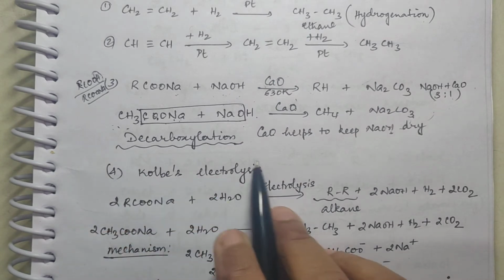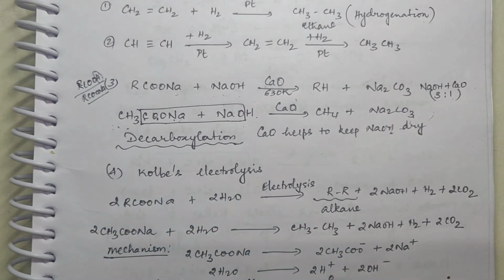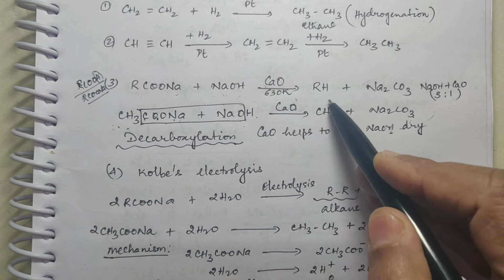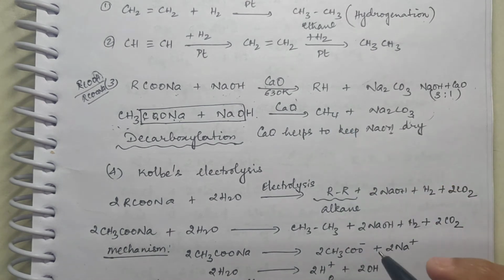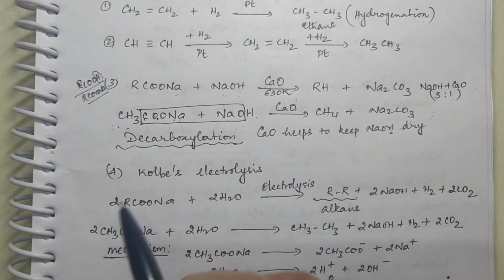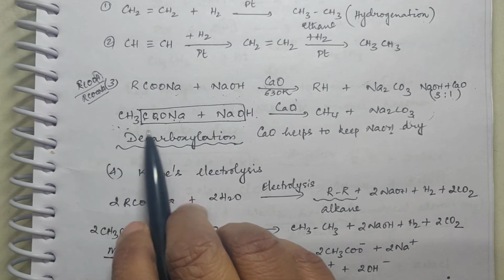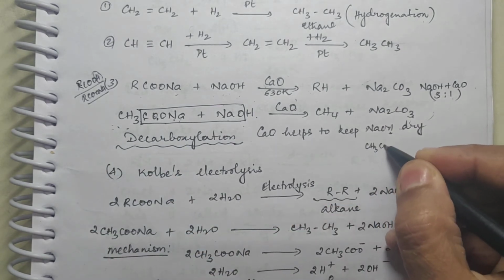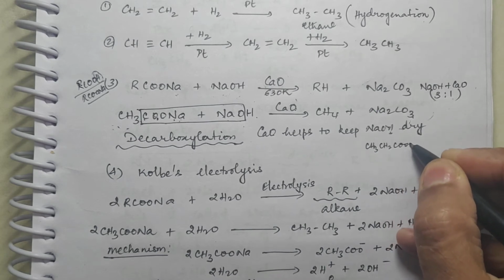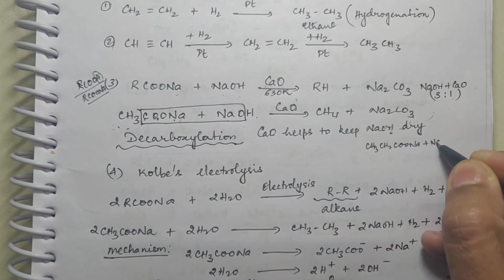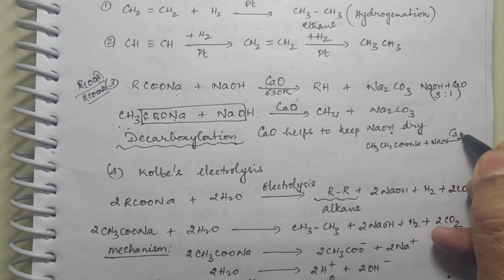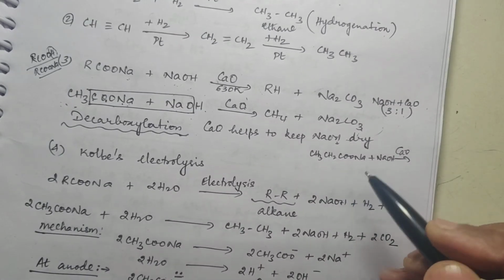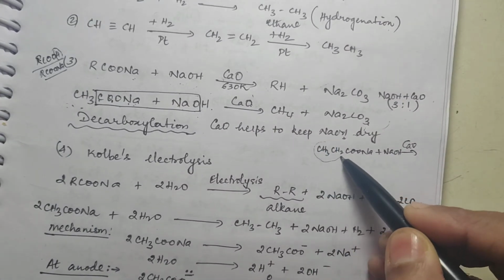So that is decarboxylation. Now here you can prepare methane. Now supposing I have increased the chain length. Supposing I take CH3CH2COONa and I treat it with soda lime, then what will I get?